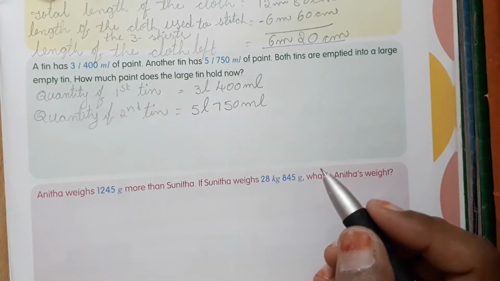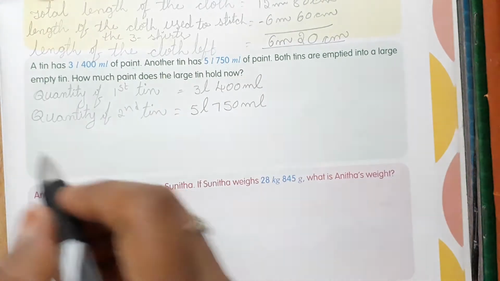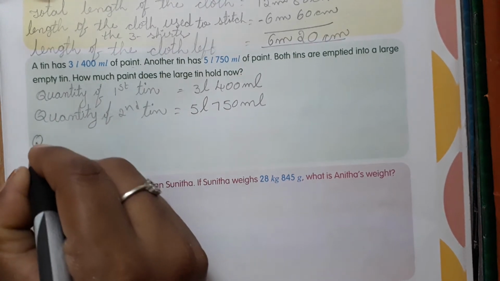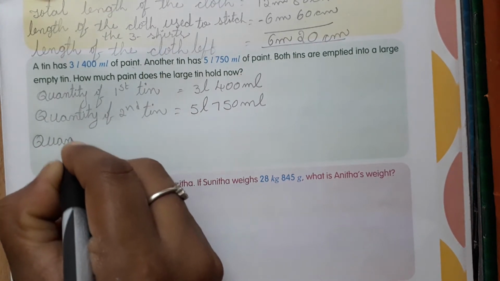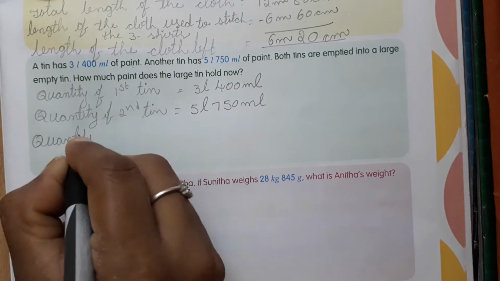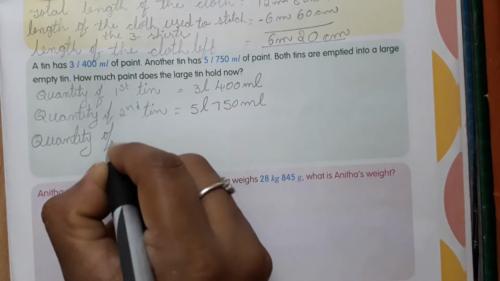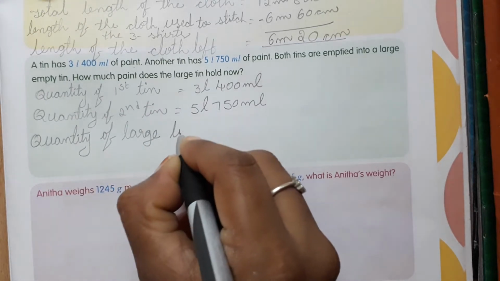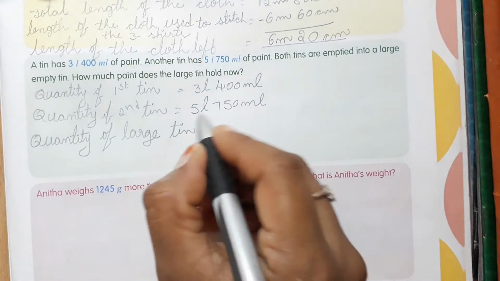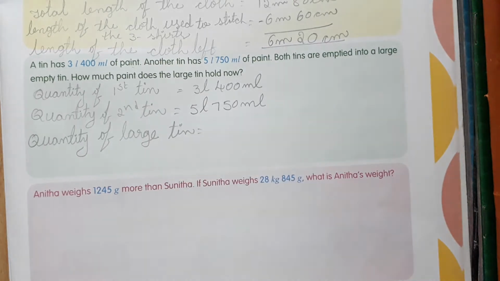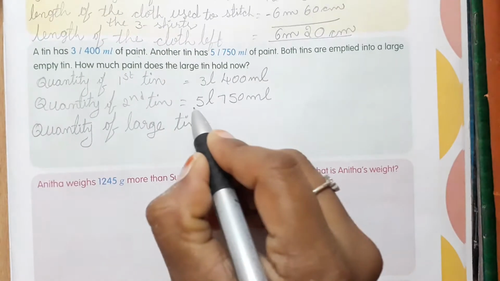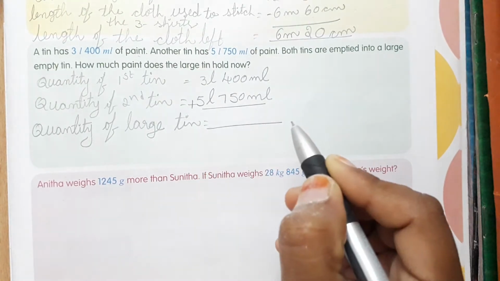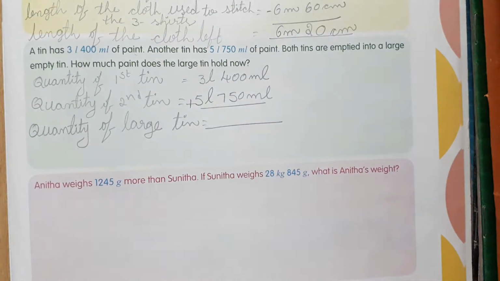So these two tins are emptied into a large empty tin. Now we are going to find out the quantity of the large tin. How can we get it? If you add these two quantities, then you will get the new quantity of the large tin.